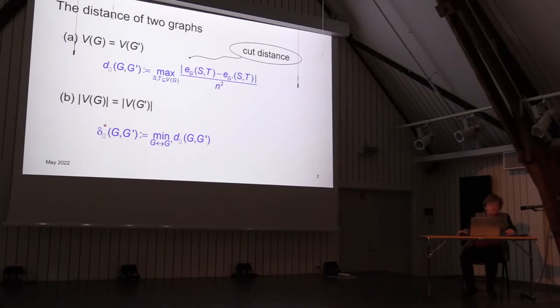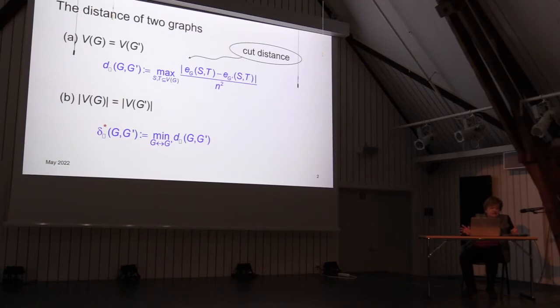What is n squared in the first distance, the cut distance? The number of nodes in V(G) is n. So this is all the points, and there are n squared over 2 possible edges, and we are working in this huge domain from 0 to n squared over 2.